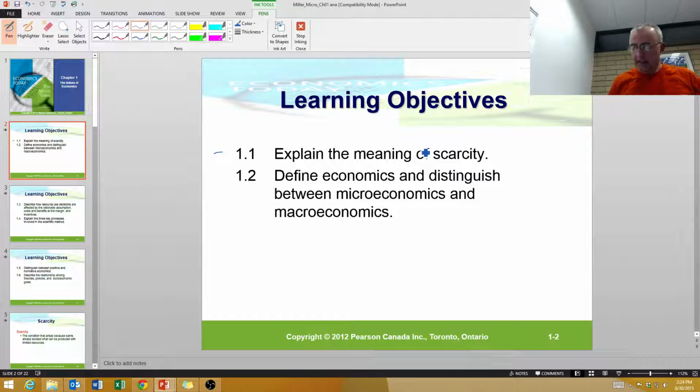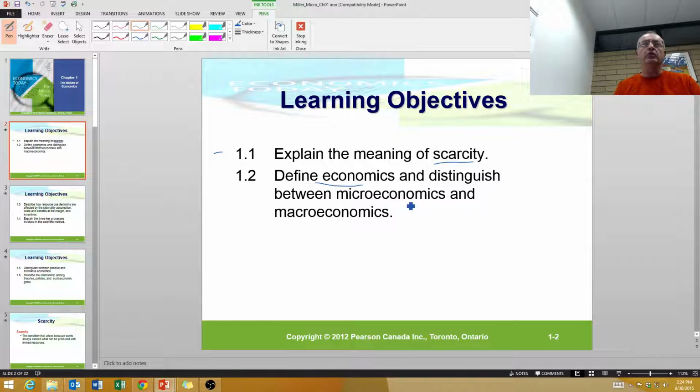So anyways, what do we look at in chapter 1 here? We see that economics is based on this principle of scarcity and making economic decisions in the presence of scarcity, scarce resources, scarce income. So we look at the concept of scarcity, and then we come up with a definition of economics, and we distinguish types of economics.